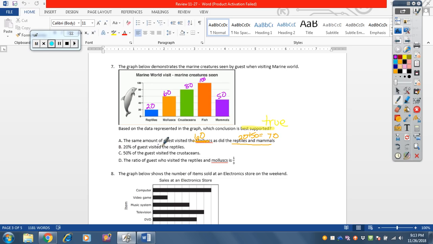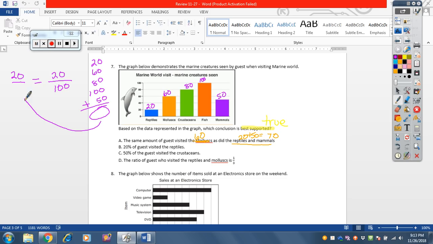B says 20% of guests visited the reptiles. So here we go with our percent proportions. So we're saying 20% visited reptiles. How many people visited reptiles? 20 out of how many people altogether? So you're going to have to add 20 plus 60 plus 80 plus 100 plus 50.